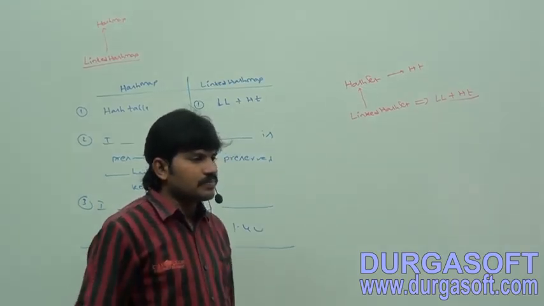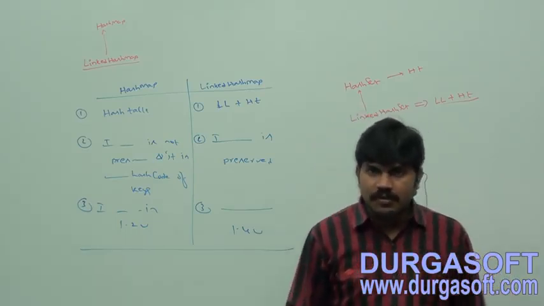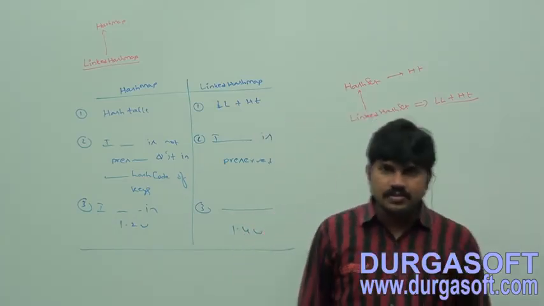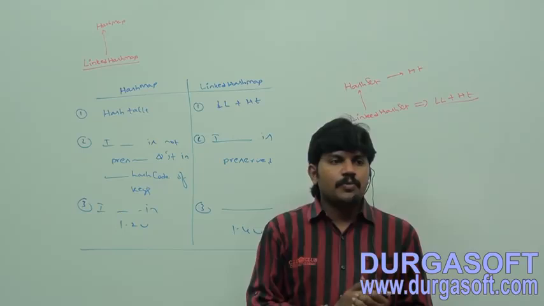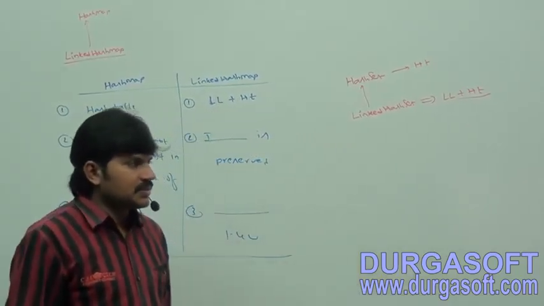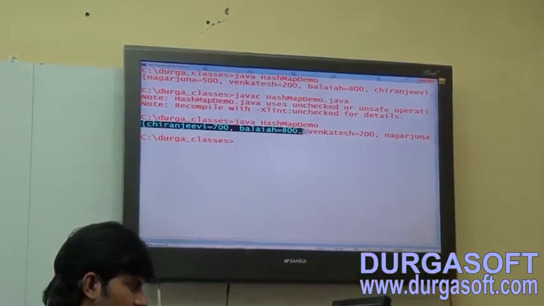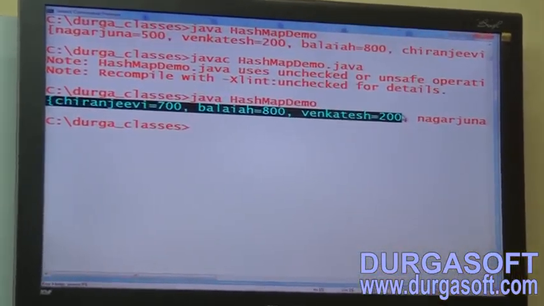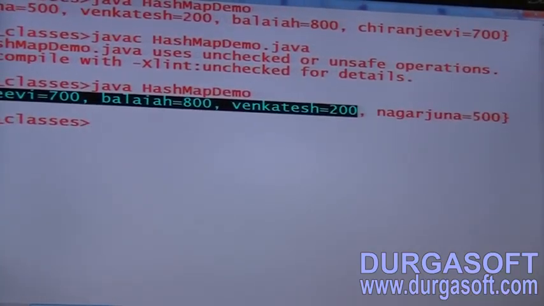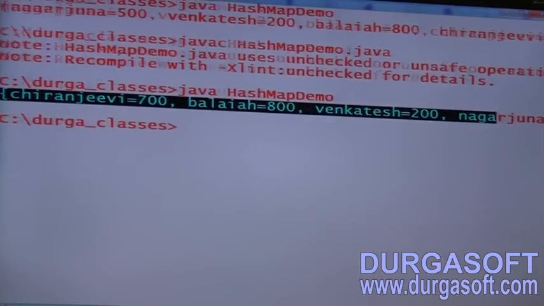In the above HashMap program, if we replace HashMap with LinkedHashMap, then the output, better to take it from the screen, is: curly brace open, Chiranjeevi is equal to 700, comma, Balaya is equal to 800, comma, Venkatesh is equal to 200, comma, Nagarjuna is equal to 500.